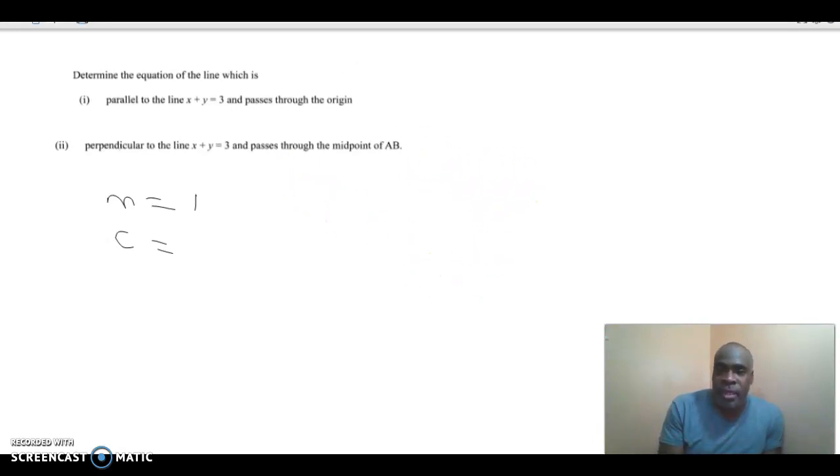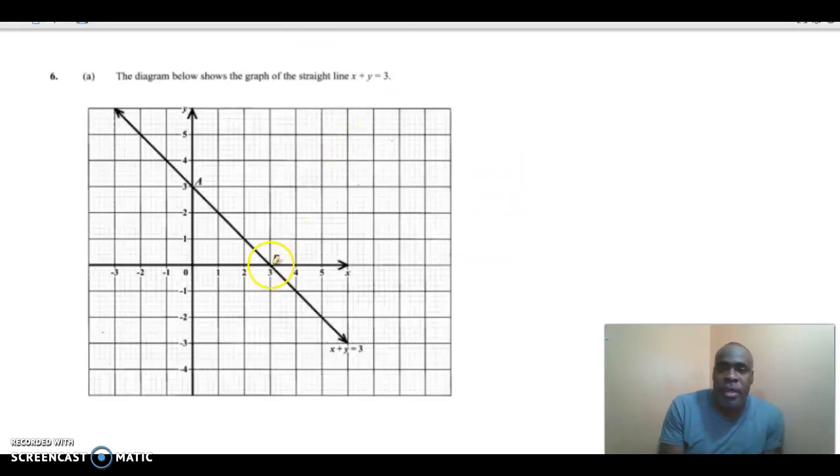Let's go back to the graph itself. Having the graph, we can use the vector method. From here to here is 1, then 2, then 3. That's +3. Then coming down, 1, 2, 3. That's -3.